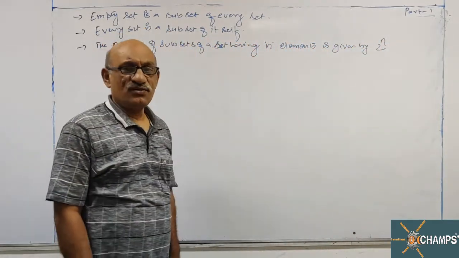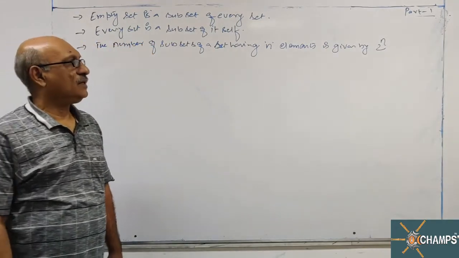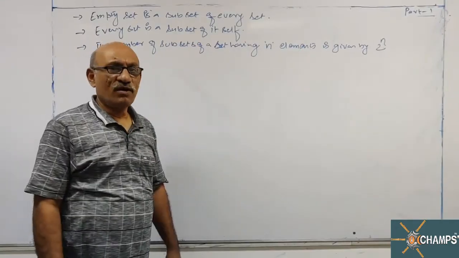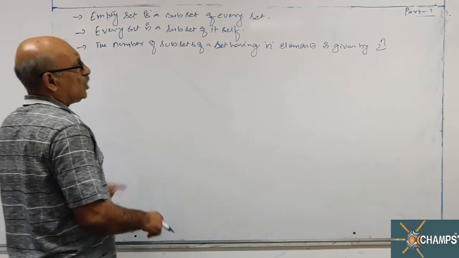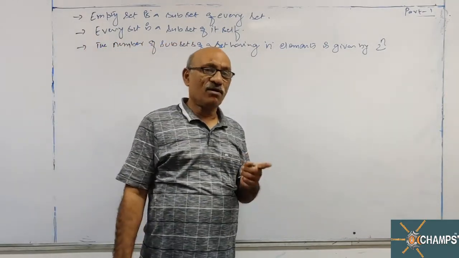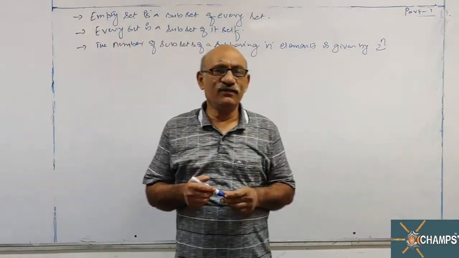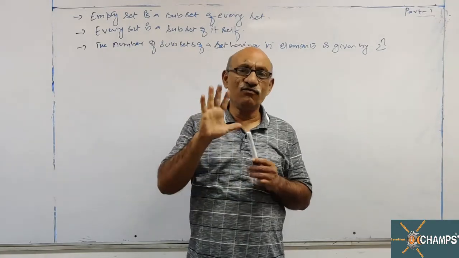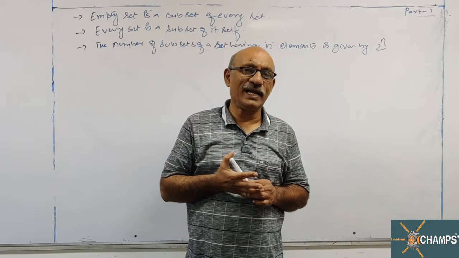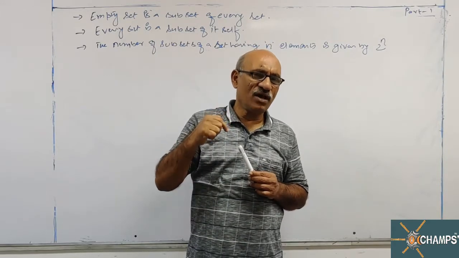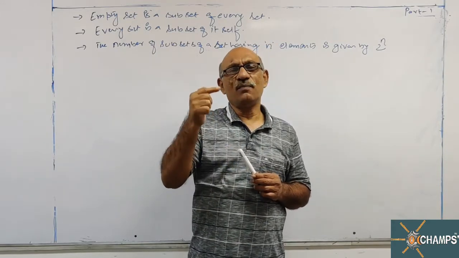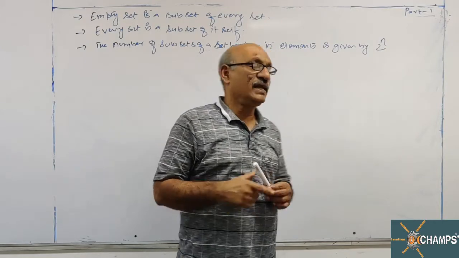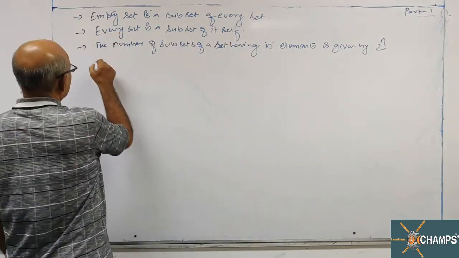How many subsets we can get from a given set? That is 2 to the power of n. If the given set is having only 2 elements, 2 to the power of 2, 4 subsets you will get. If the given set is having 3 elements, 2 to the power of 3, 8 subsets you will get.